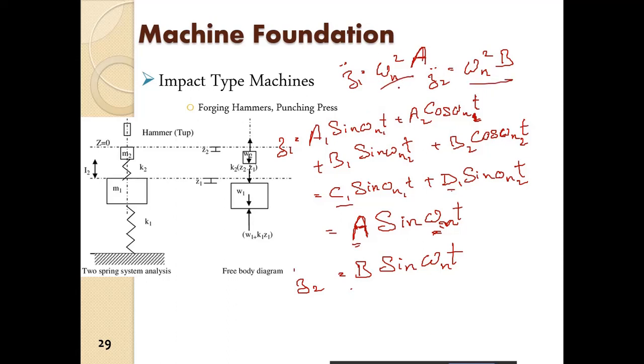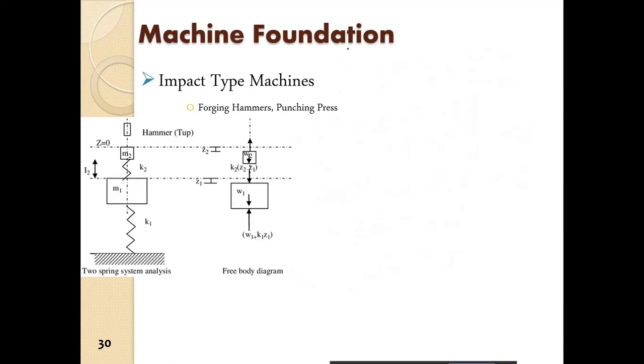So putting that in this equation, we have m1 z1 double dot plus k1 z1 plus k2 into z1 minus z2 is equal to 0.